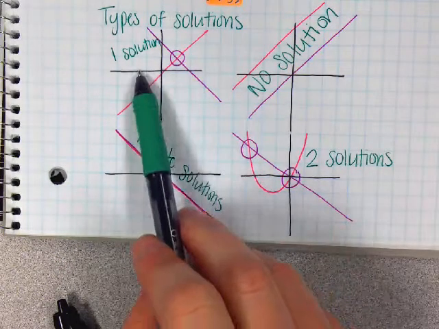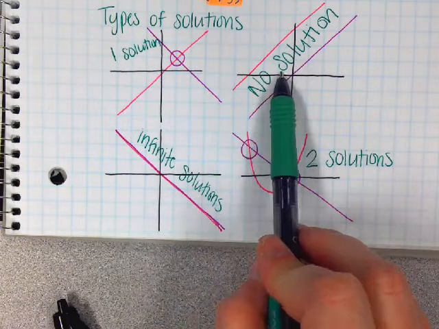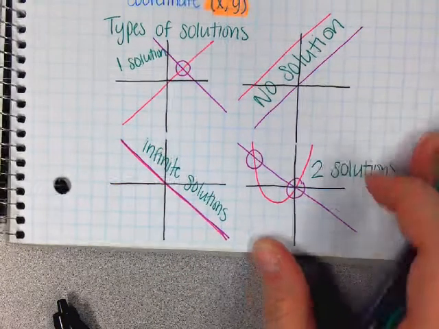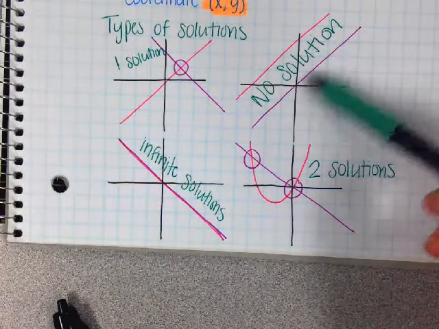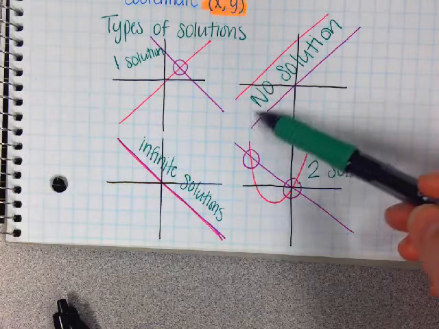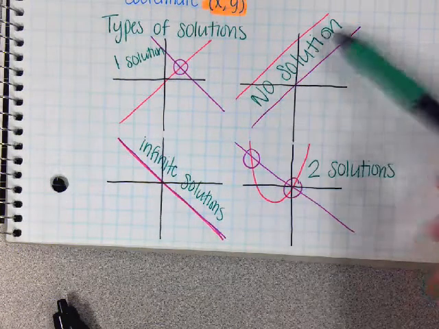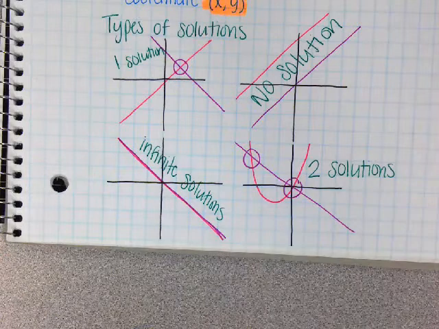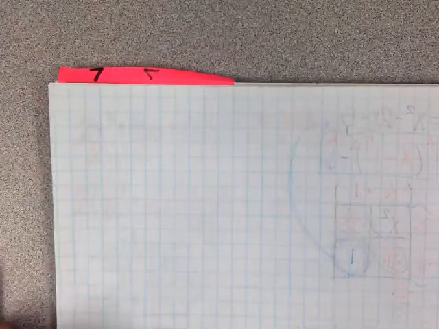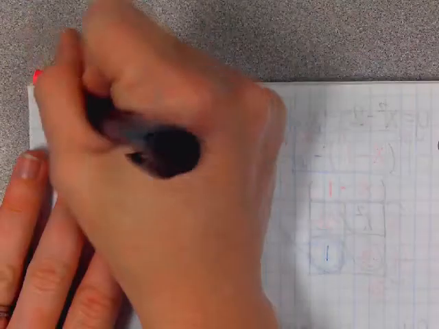So for now, we're just going to be talking about one solution, no solution, infinite solutions, and two solutions. So if you get something where you have issues, and we'll talk about it, you're going to just say no solution. They never cross. Okay? What we're going to specifically talk about today is solving systems by substitution.